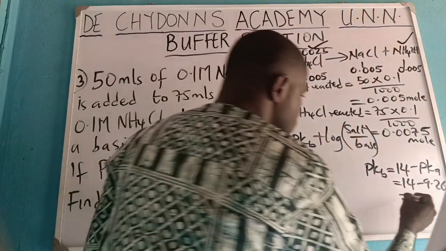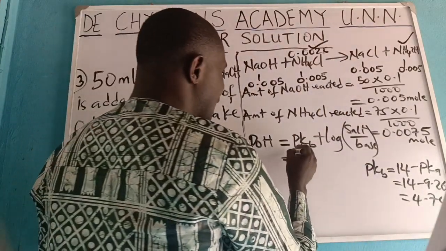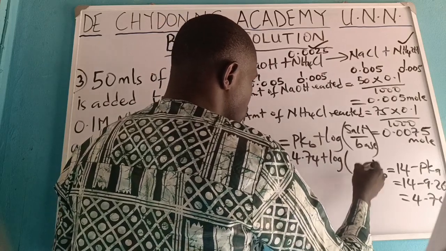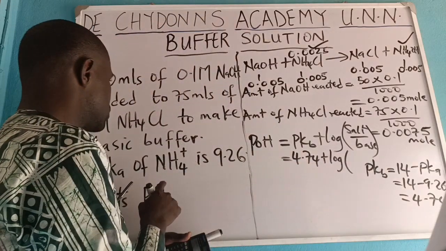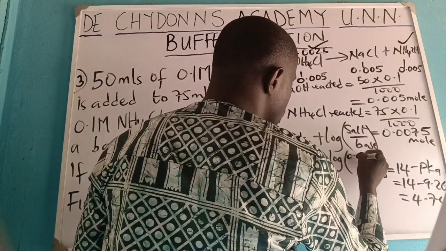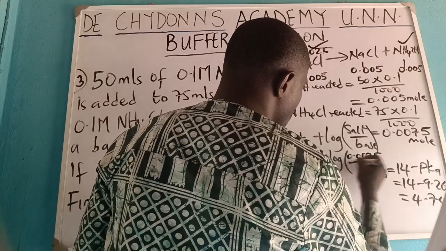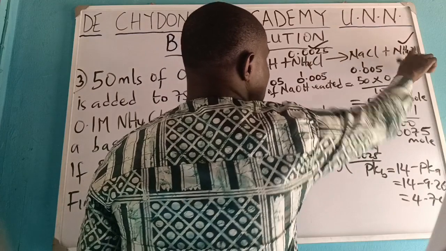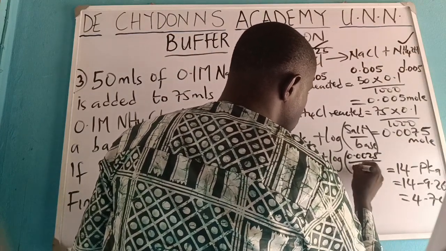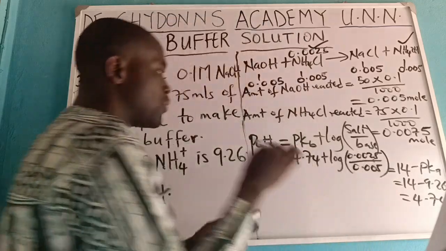That will be giving us 4.74 to be our pKb. So I will be writing 4.74 plus log of the salt, 0.0025, all over the base, 0.005.